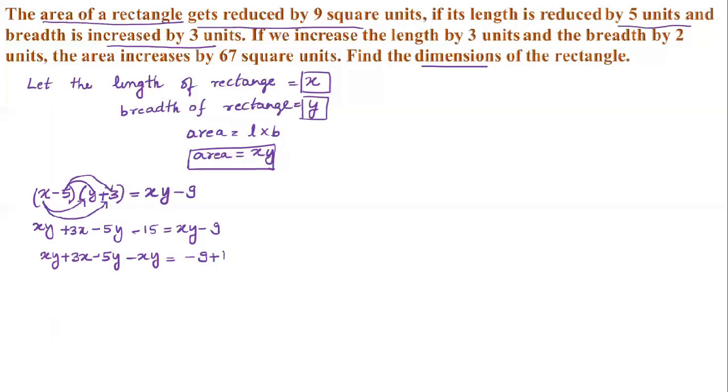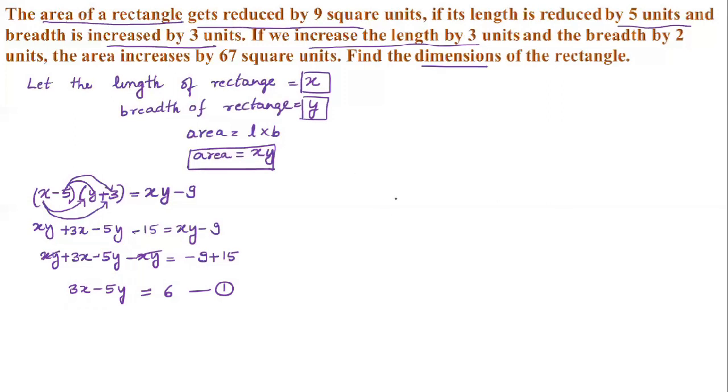Take minus 15 to the right side, plus 15. So xy minus xy is 0. So remaining is 3x minus 5y is equal to minus 9 plus 15, which is 6. So 3x minus 5y is equal to 6 is the first equation.